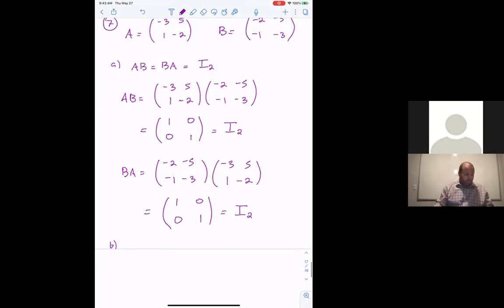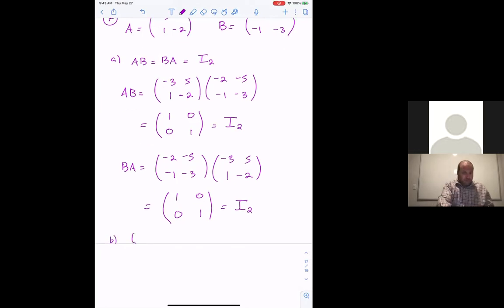And then part B, it says, what is 2AB to the 10th power? Now, I don't want to do 2AB, 2AB, 2AB, and so on. I want to use some properties. Conceptually, this is 2AB times 2AB all the way to another 2AB at the end.